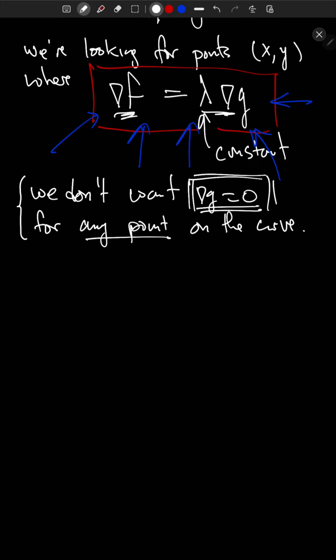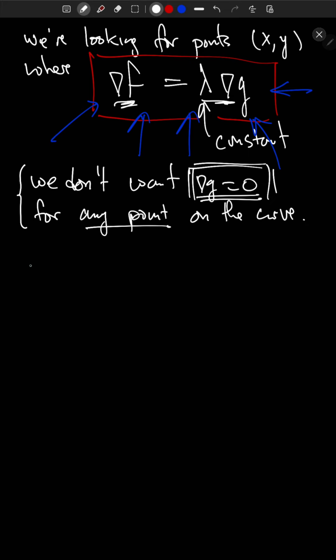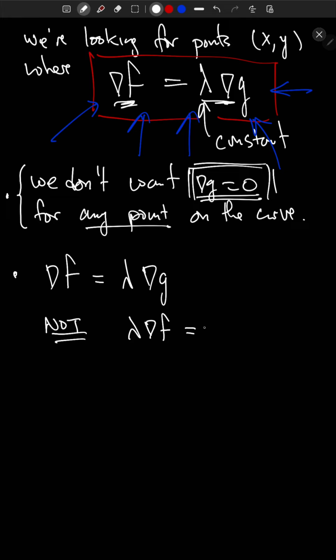The second point: we're solving for gradient f equals lambda gradient g. We're solving for points x, y where this is true. Don't put the lambda in front of the gradient f. So let me write not lambda gradient f equals gradient g.